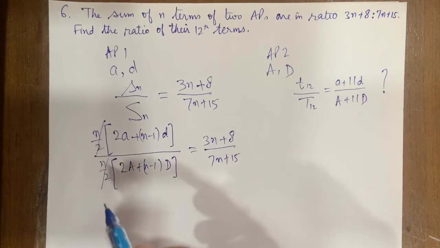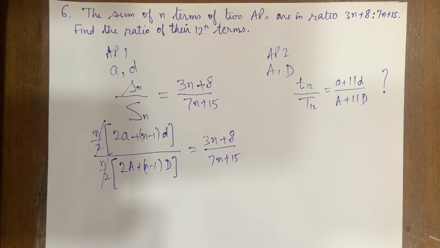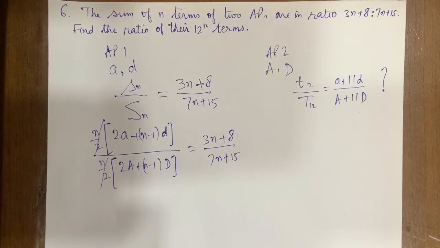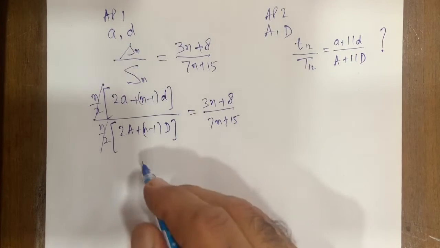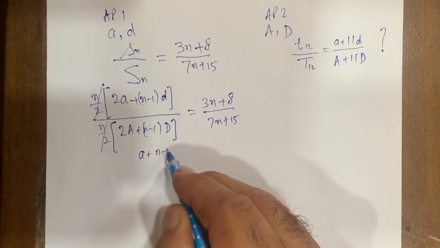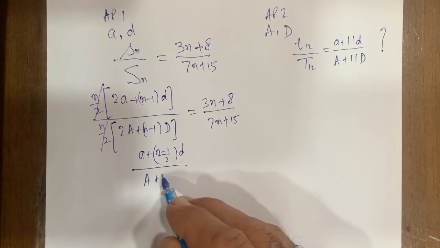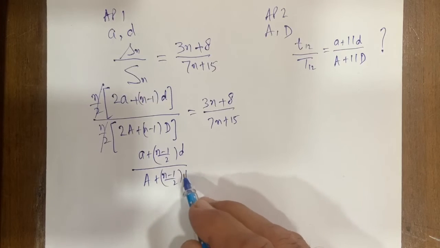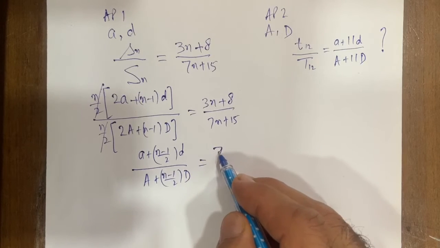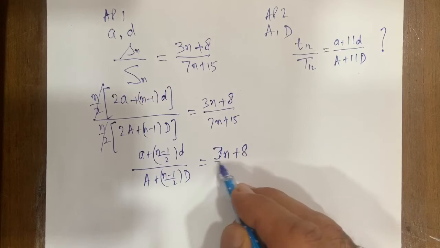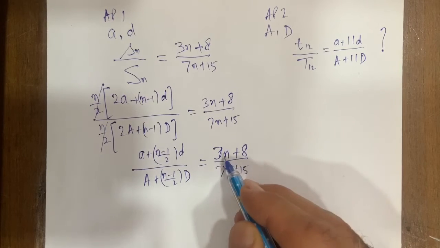We can cancel out n by 2. Now dividing both sides by 2, the left hand side will be a plus n minus 1 by 2 into d, over A plus n minus 1 by 2 into capital D. This is 3n plus 8 upon 7n plus 15.